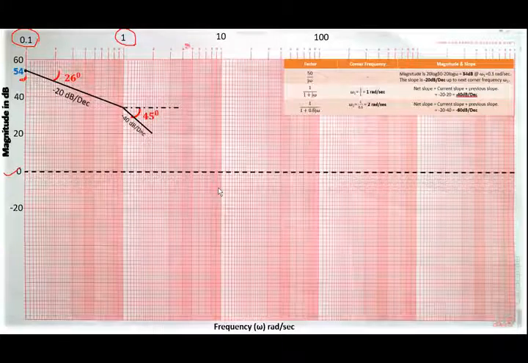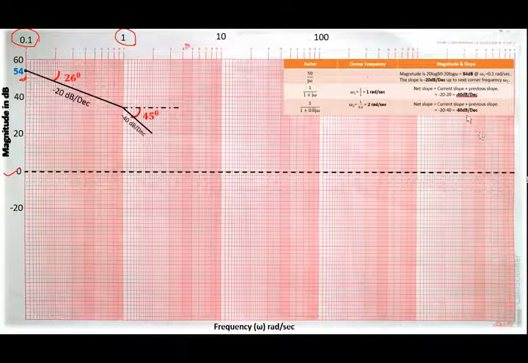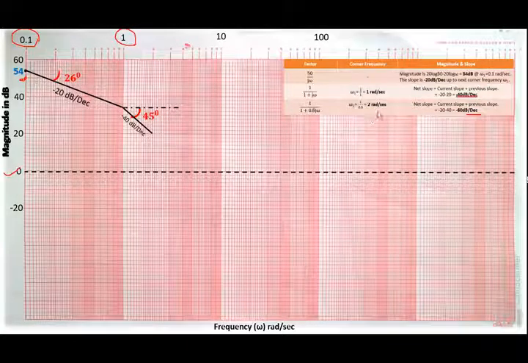Next we should consider the third factor. For the third factor, the slope is minus 60 dB per decade. The starting corner frequency is 2 radian per second and the ending corner frequency will be infinity. For minus 60 dB per decade, the angle will be 56 degrees.